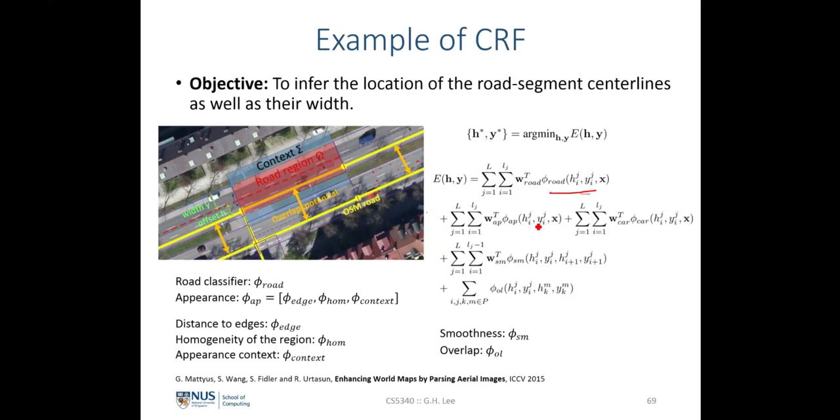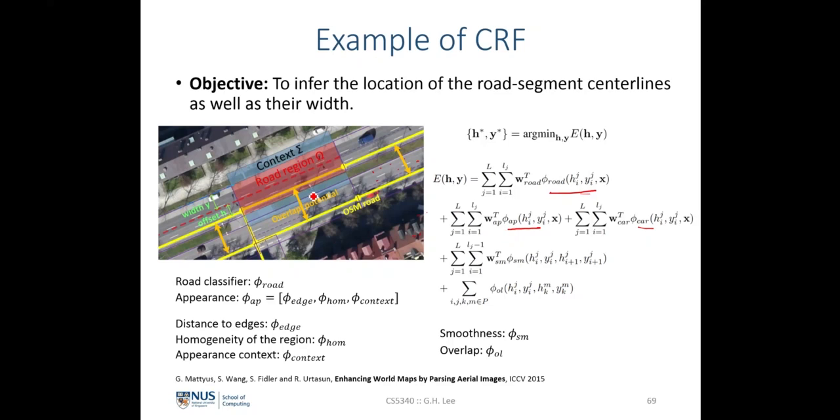And then I would also have some other detectors such as car detectors and the appearance context on whether this is an edge or not. So these are the likelihood information encoded from the classifiers that we can pre-train using some other methods. And here, what we want to do is take into account all of this observation as a likelihood term in the final inference of the road segments.